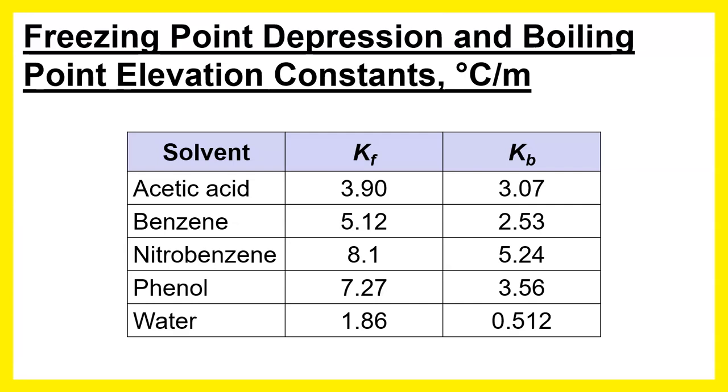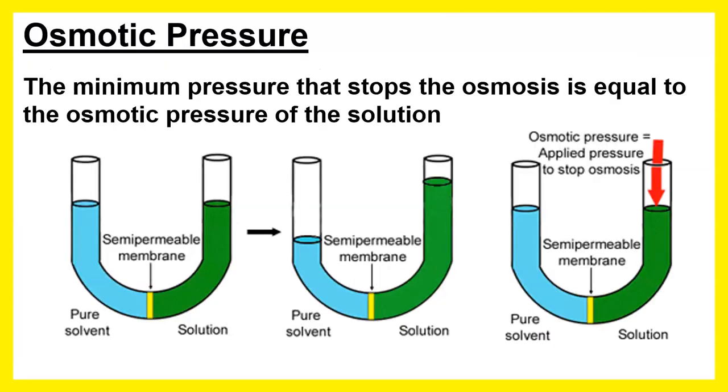All right, let's look at osmotic pressure. If you set up a tube like this, and you have this special membrane, the membrane allows solvent to get through, but the solute can't get through it. So it's like a one-way membrane.